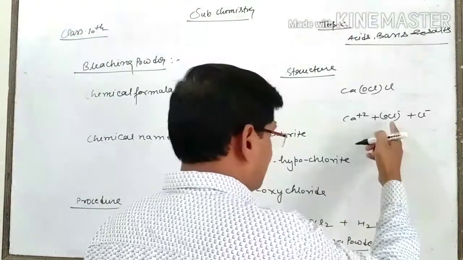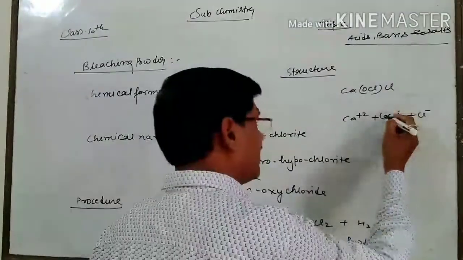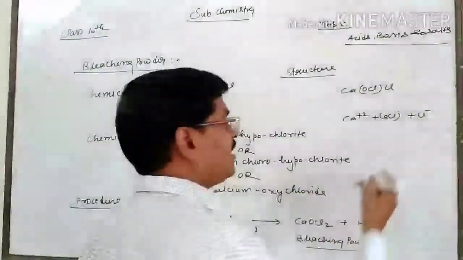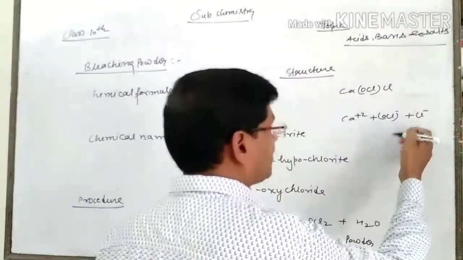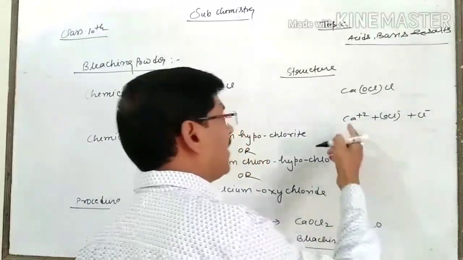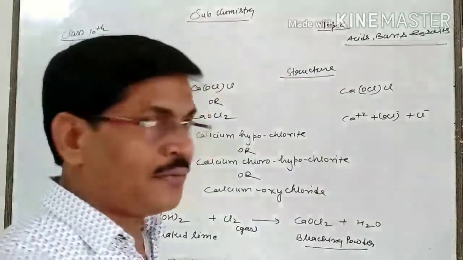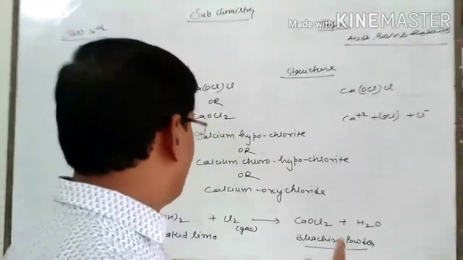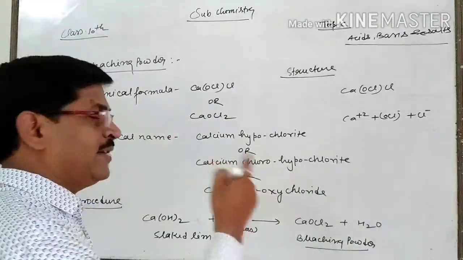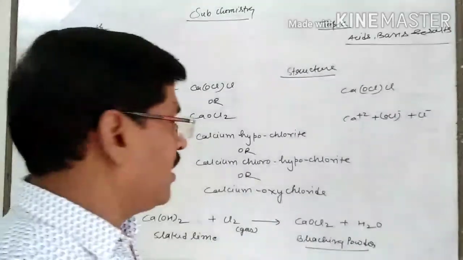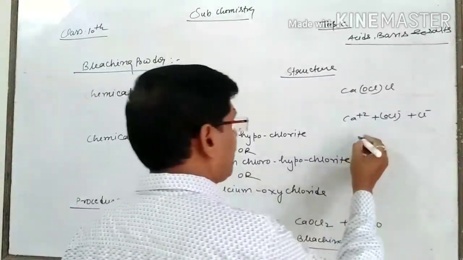It means it breaks up firstly into an OCl minus ion and one more Cl minus ion. Then these two negative ions combine with the dication of calcium and give the formation of CaOCl2, that is bleaching powder. After that, I have to discuss the properties.